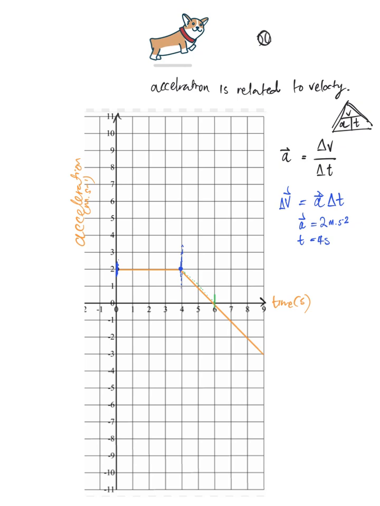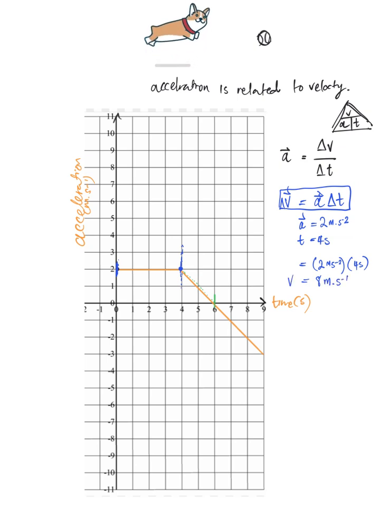So this is my formula, and I've got A, which is 2 meters per second squared, multiplied by 4 seconds. That gives me 8 meters per second, a positive 8 meters per second.